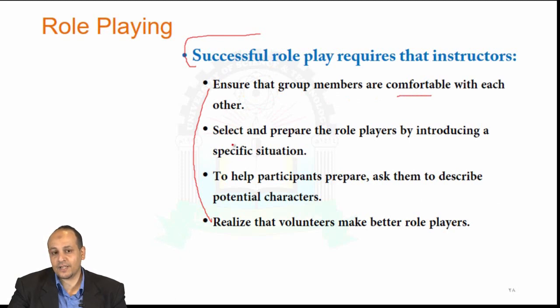Besides, we need to select and prepare the role players by introducing a specific situation. So the more provoking, the more they interact, and that is why it's important. To help participants prepare, ask them to describe potential character, and also realize that volunteers make better role players.